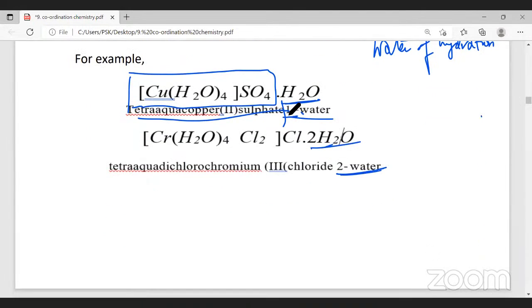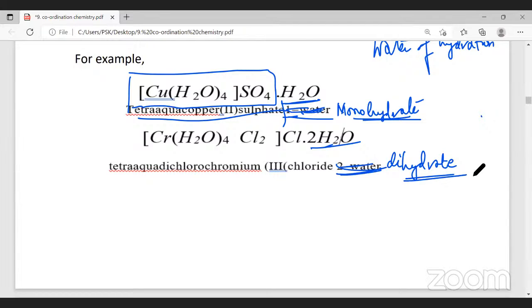In modern days, it is not written as one water, it is written as monohydrate. Mono stands for one. Here we have two water molecules, therefore it's called dihydrate. So one water, two water is wrong. We write monohydrate and dihydrate. Here three water molecules, we'll write trihydrate, and it goes on like that. Followed this?